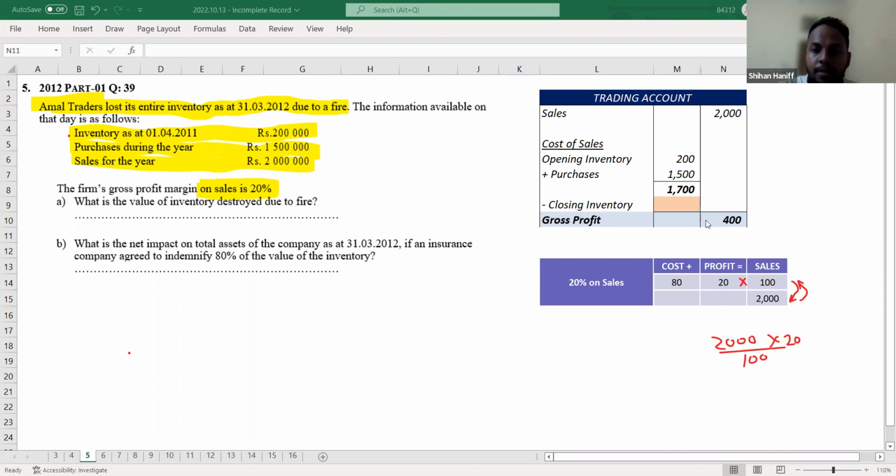Then what is the value of cost of sales? 2000 minus 400, 1600. So closing inventory is 100. Closing inventory is 100.